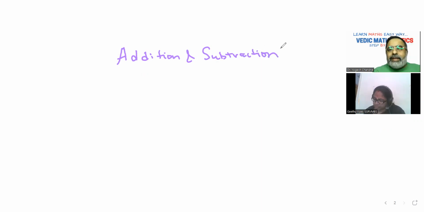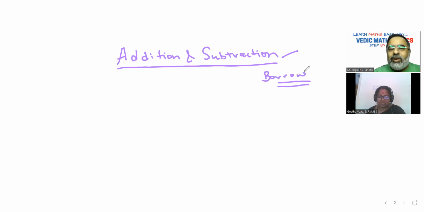Now, today we'll be making use, if you remember, I told you in subtraction, we don't have a borrow system. We all will observe that. Apart from that, we'll learn simultaneous addition and subtraction.